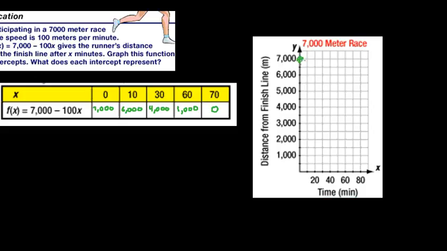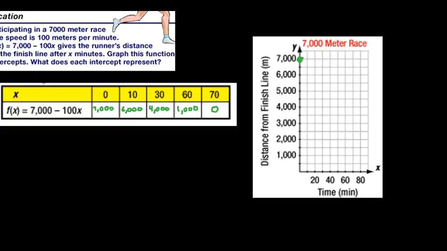Wow, hold the phone, stop the presses. I've just found the y-intercept right here. The y-intercept is at 7,000, because it crosses the y-axis at 7,000.